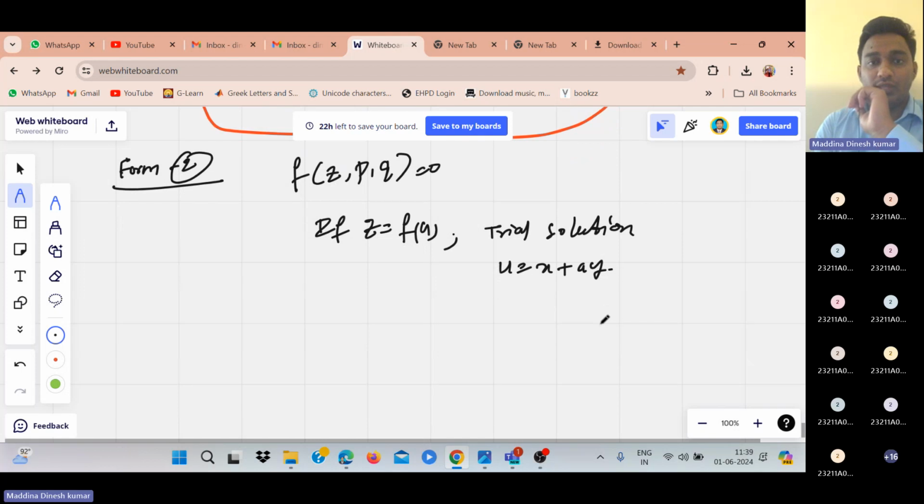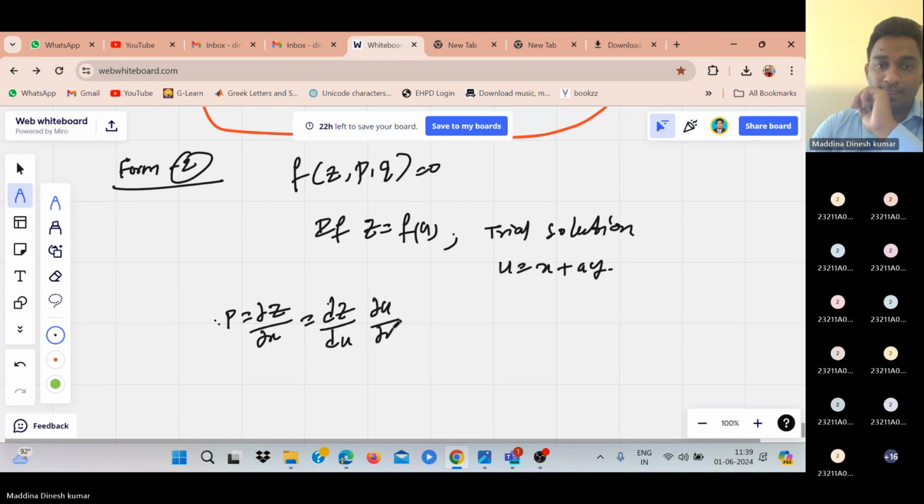So then p and q are there. p equal to dou z by dou x. Here z is a function of u, so now you have to use the chain rule. It will be equal to dz by du times dou u by dou x.